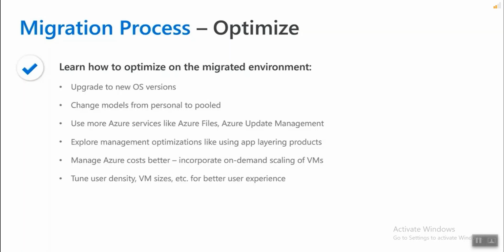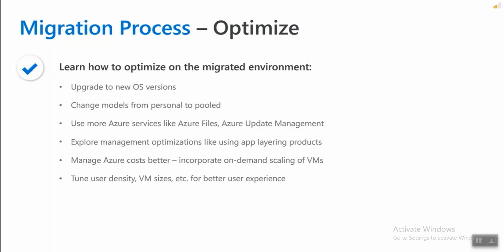As I mentioned earlier, you should be looking at reducing costs of VMs by increasing the user density, having the right size VMs for the user persona as well as application, and lastly, looking at having some kind of scaling functionality on these VMs. So the Windows Virtual Desktop as well as Remote Desktop Services, both of them have tools that allow you to do on-demand and schedule-based scaling of VMs.